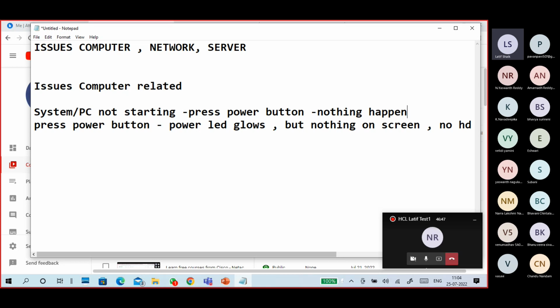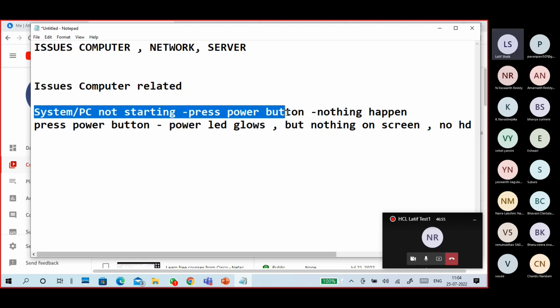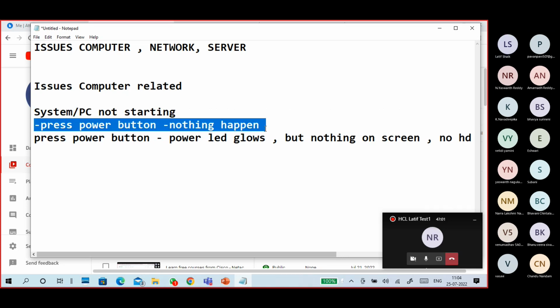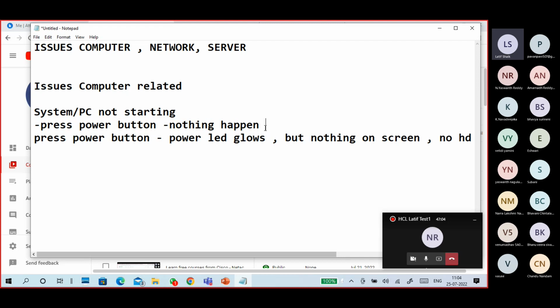You press the power button, nothing happens, no LED, nothing at all. So most possibly it is a power connection related issue. So the first case is the system is not starting. In sub one, you press the power button and cannot see anything, no LED blinking. Meaning it is a power connection related issue.